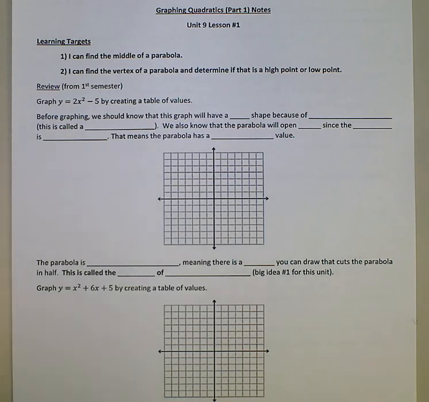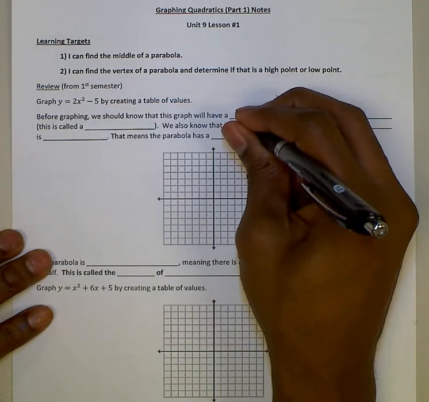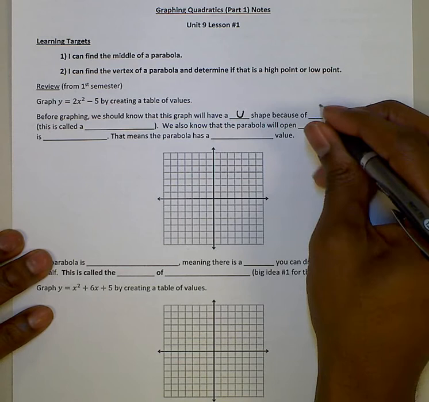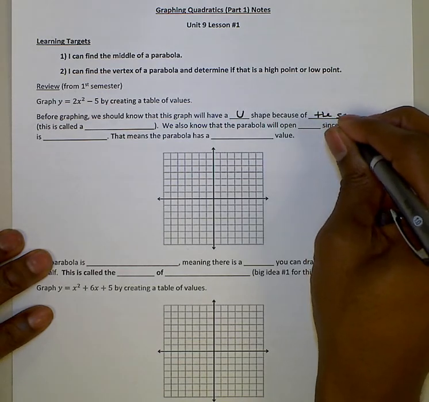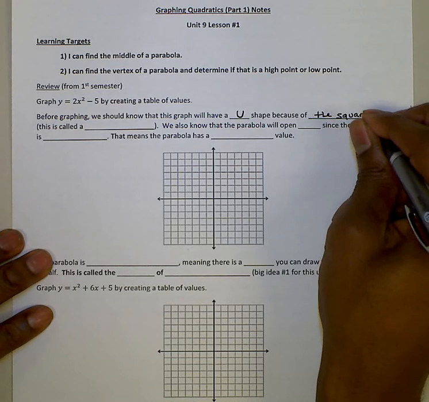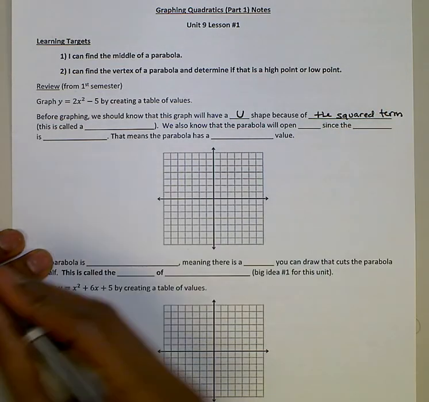From first semester you should remember what y equals 2x squared minus 5 is going to look like. Because we have that squared term, we should know before we graph that the graph will have a U-shaped curve. This U-shaped curve is called the parabola.